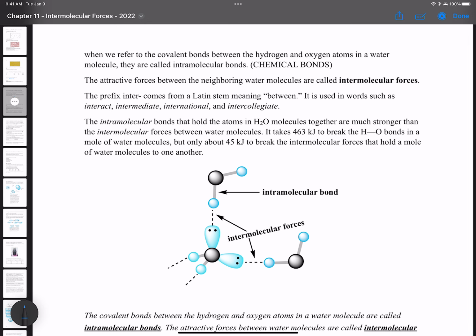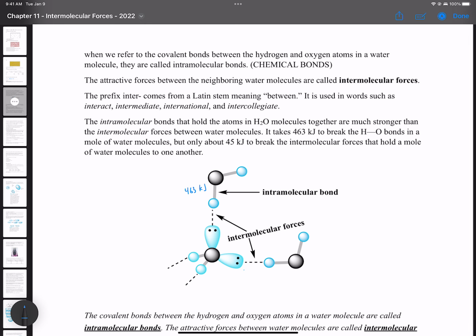So let's evaluate them. It takes 463 kilojoules to break the H-O bond. Let's annotate that right here: this is roughly 463 kilojoules. That's a lot of energy.